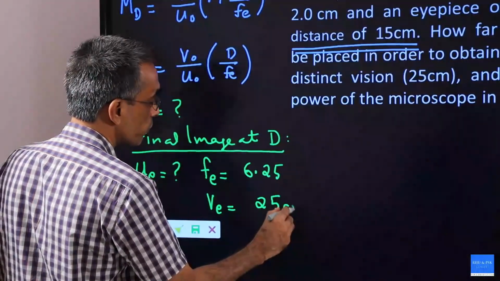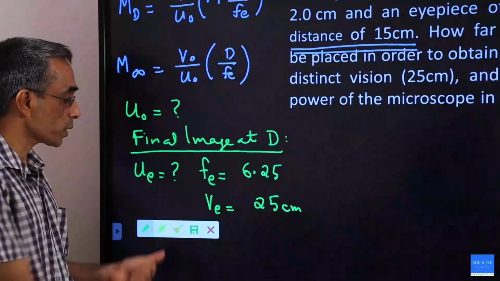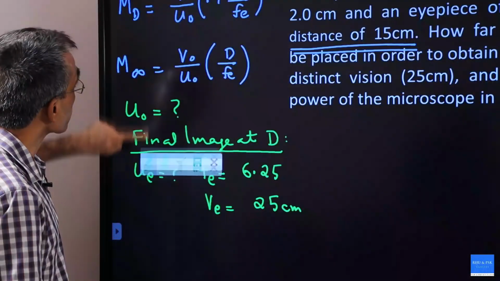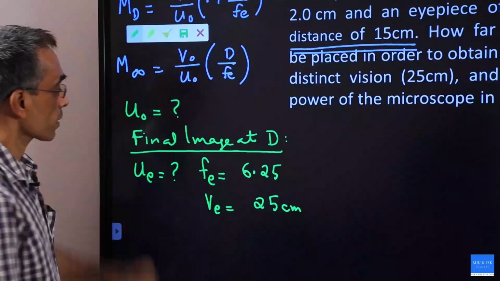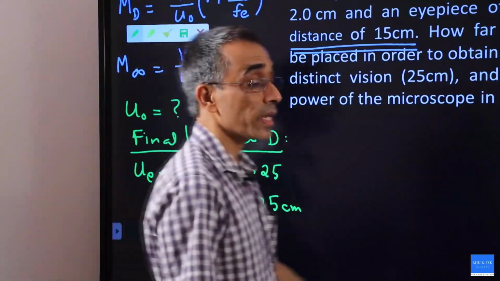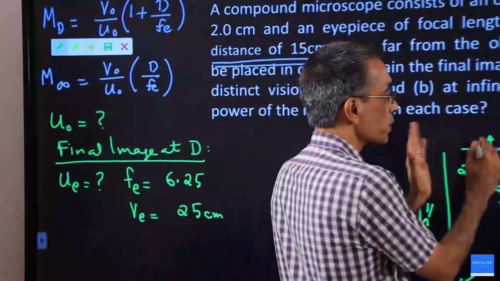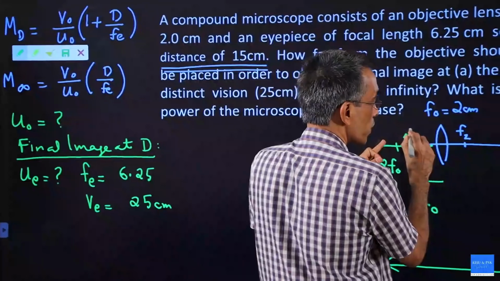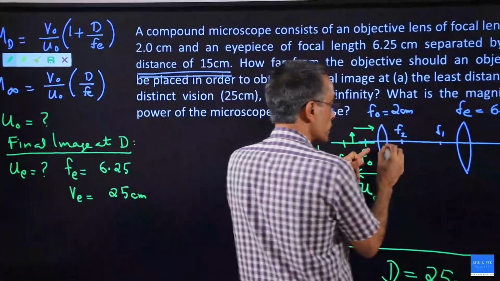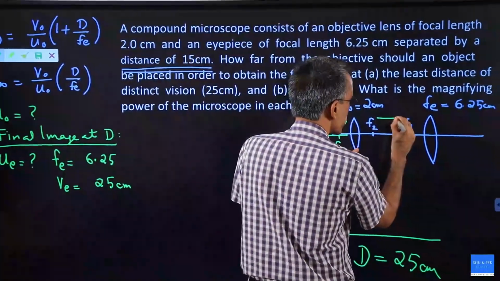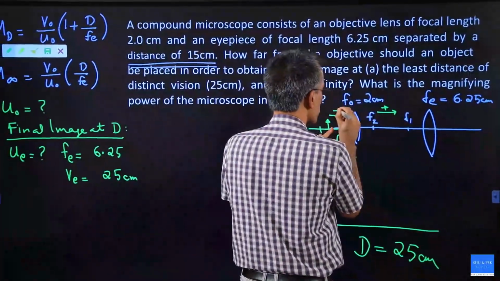But be careful, we have to apply Cartesian sign convention, because we are going to use the lens equation here. What is the sign convention? Where is light coming from? The object is here, so light will first be incident on the first lens, and from the first lens on the second lens. So this is the positive direction.